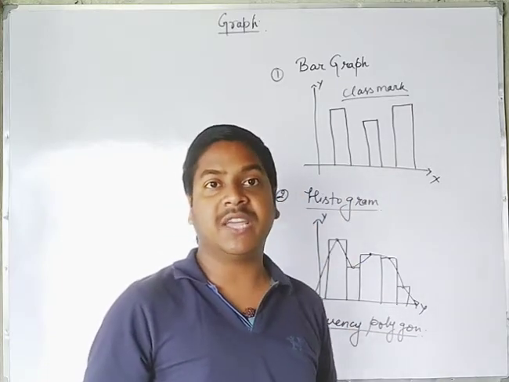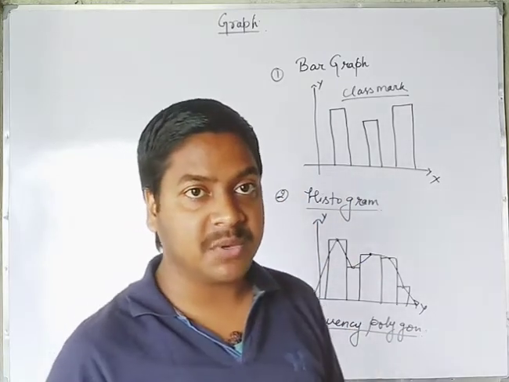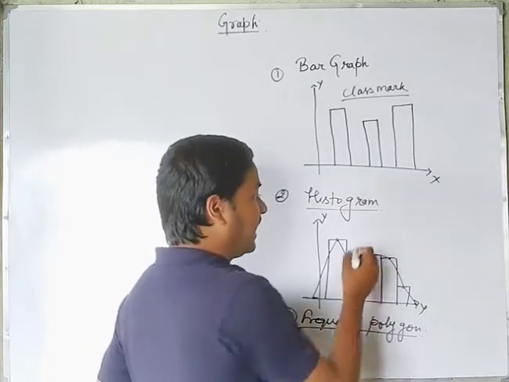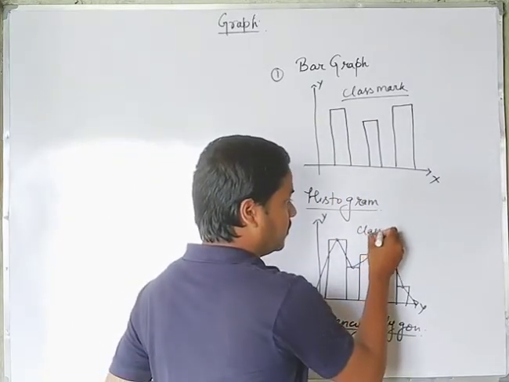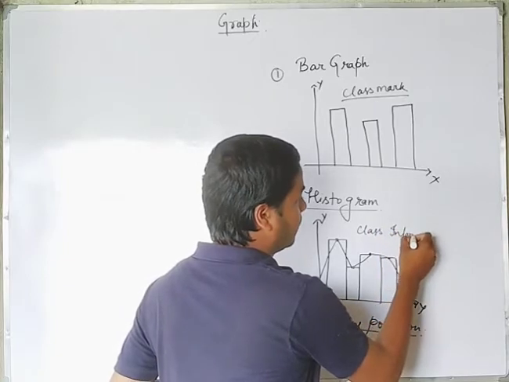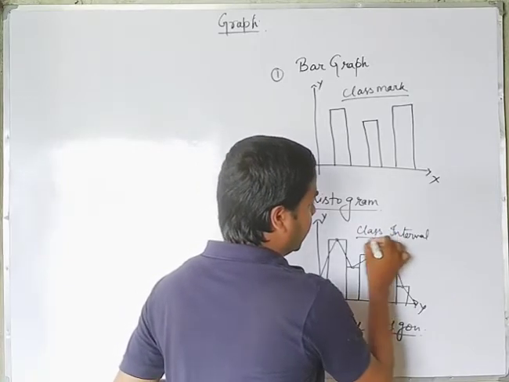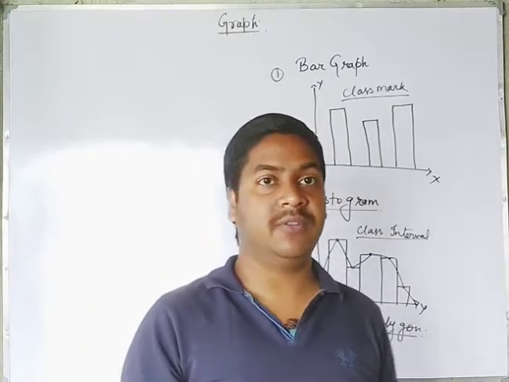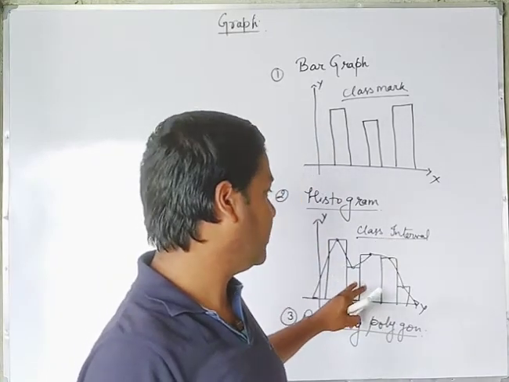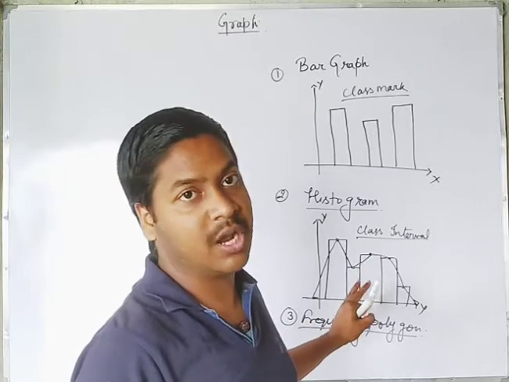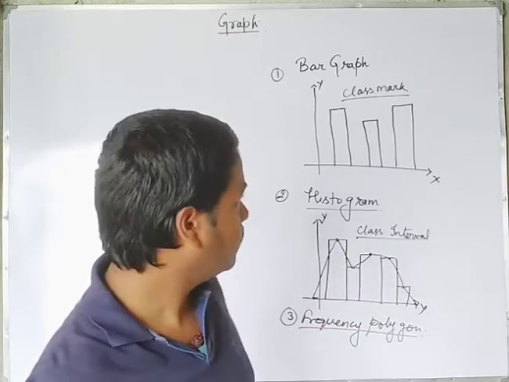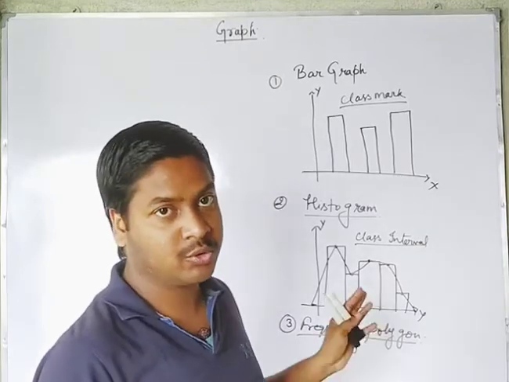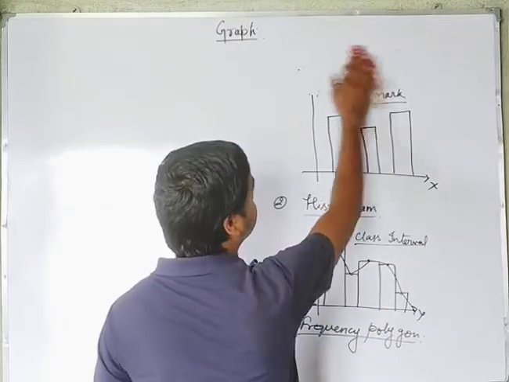And if in place of a class mark or specific name, a class interval is given, then with the help of the class interval we will make a histogram. We will see some questions regarding this, and I will explain just now how to solve them.